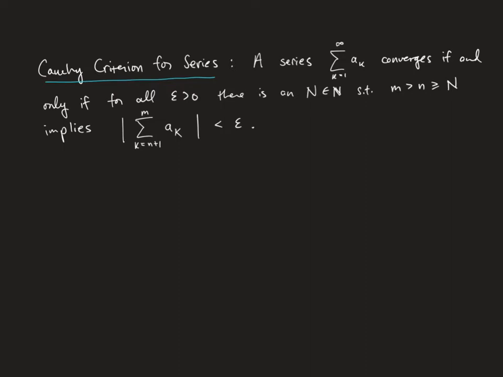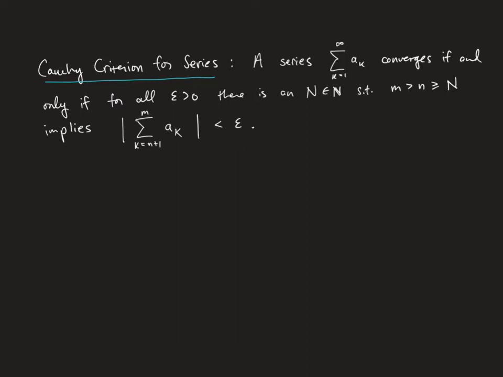As long as your m is bigger than n, you're just adding the terms after the point little n up to the point big M. So this criterion is saying your series converges when there's some point after which, no matter how many terms you sum past that point, starting at n plus 1 up to an arbitrary m, the absolute value of the sum is less than epsilon.